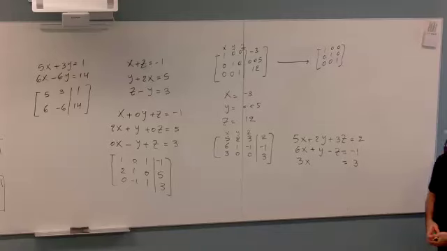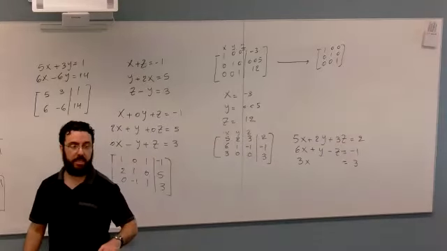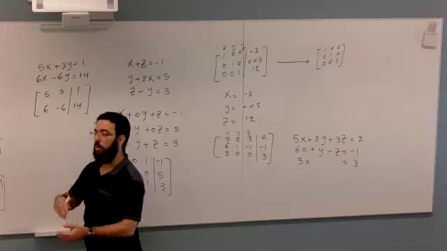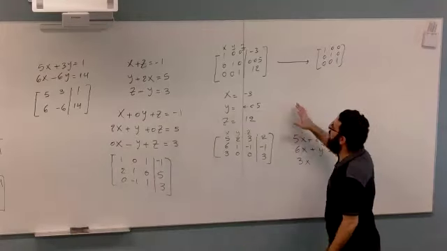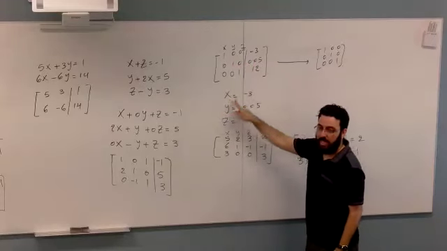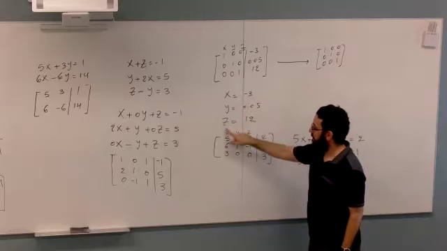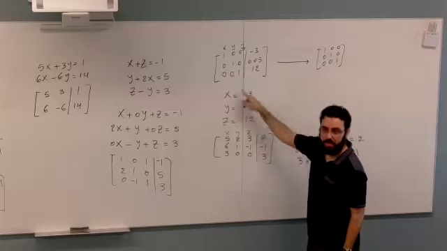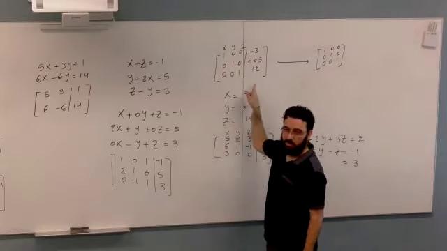This is only to convert the system to a matrix. Next class, we're going to learn some operations we have to do on the matrix to find the solution. Check here. X equal, Y equal, Z equal 12. This is the solution for this system.